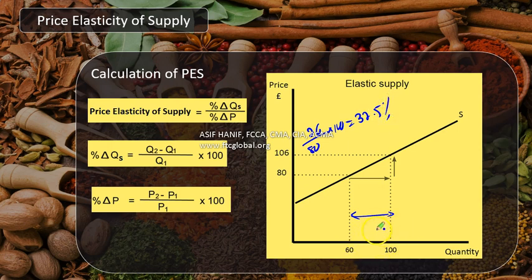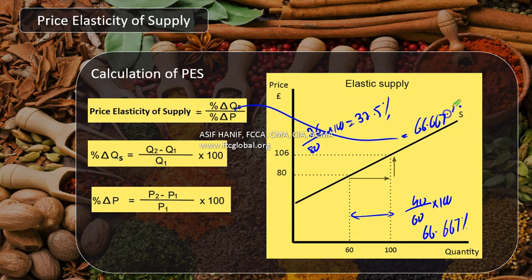The quantity supplied has risen by 40 based upon original multiplied by 100, so it's going to be 66.67%. So if you plug these numbers into the formula, change in quantity supplied is 66.667% and change in price is 32.5%.